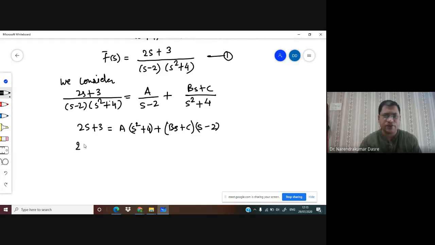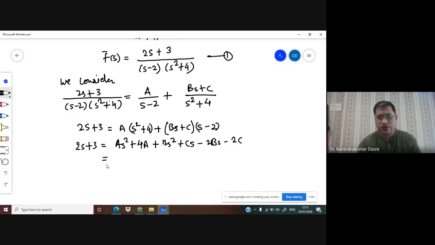Now we simplify this. So it is 2s plus 3 is equal to, I'll be having this is a s square plus 4a. Okay. And then what I'll be having, this is bs square plus cs minus 2bs minus 2c. So I have here, this is going to be a plus b s square.